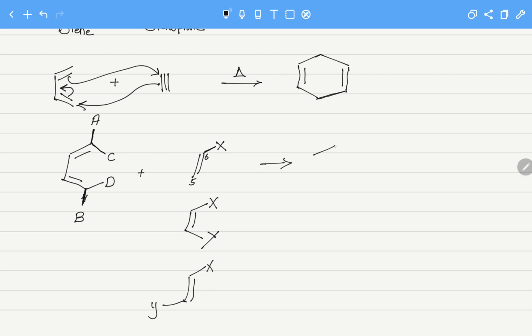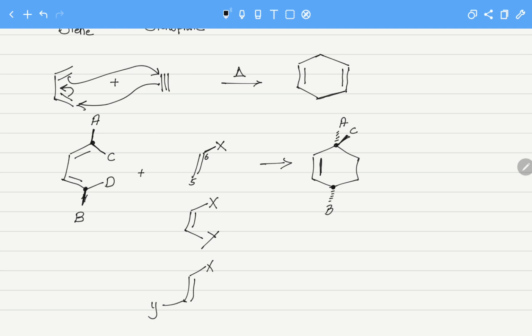Again, the product is a six-membered ring, so we will always draw a six-membered ring. The double bond of the diene will always move to this new position, and remember, these are the terminal carbons of the diene. The groups which are to the outside will be dashes, and groups which are to the inside will be wedges.